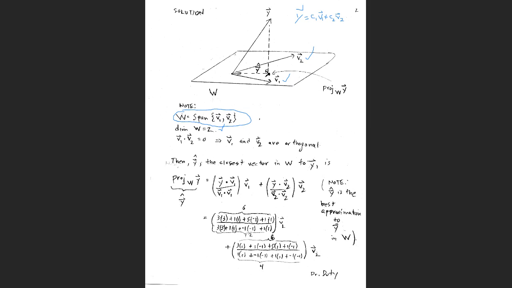Now it's not equal to that, clearly, based on the diagram. But if you were to try to write a vector equation, vector Y equals C1 times V1 plus C2 times V2, turn the vector equation into a system of equations, solve the augmented matrix, what would happen? Could you solve for C1 and C2?